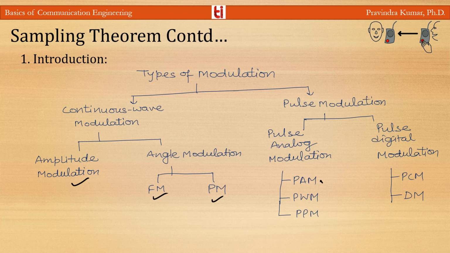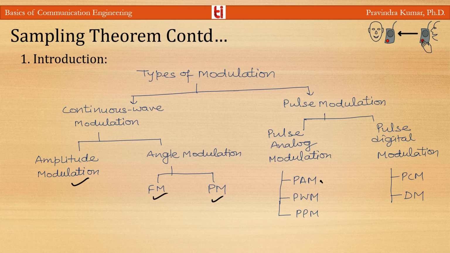If the message is band limited, low pass, then the sampling theorem says that it is not necessary to transmit the information about the message signal continuously. It is enough if we transmit its samples, since the receiver can reconstruct the message from these samples.